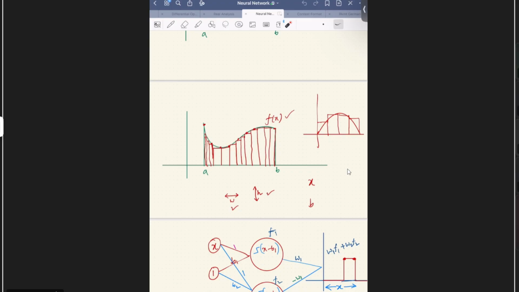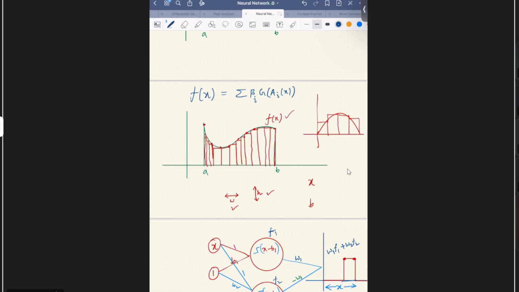But actually, if you remember, if you think of f of x, it is a representation of the summation of the weights, some beta i's, g of an affine function of x's. This is what in general we can say.